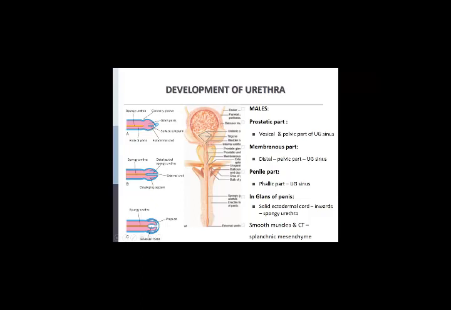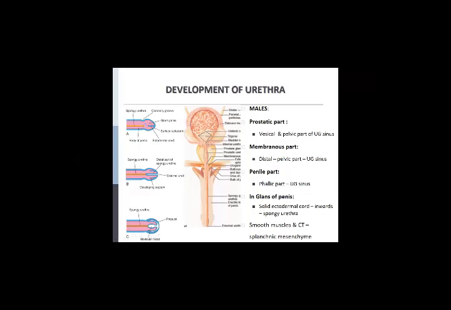From the tip of the glans, ectoderm invades the interior of the glans as a solid rod of cells. It invades inside. This rod of cells continues to grow till it comes in contact with the urethra.